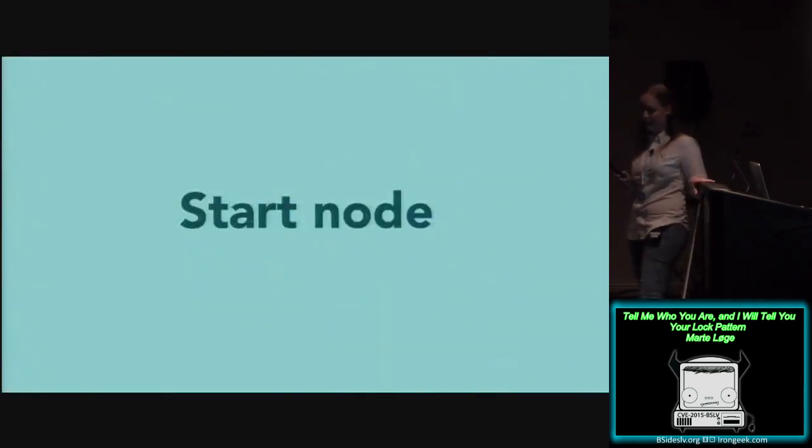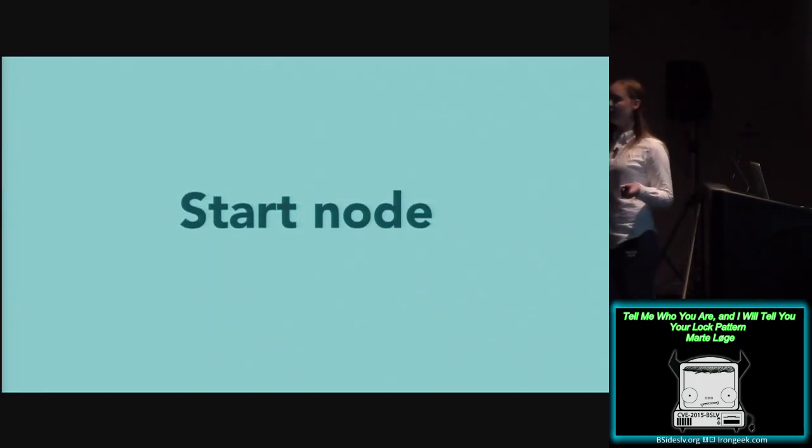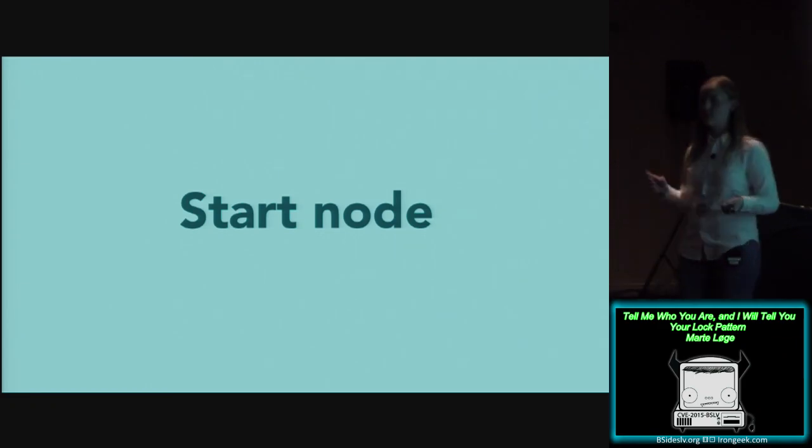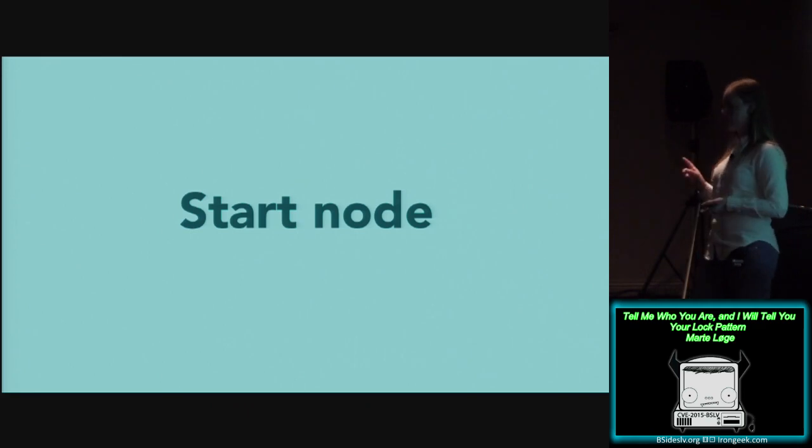The fun thing about the Android catalog is that when you know where, or a part of, the pattern, you can restrict the number of patterns that are likely to be the pattern, because you can only select a node once.